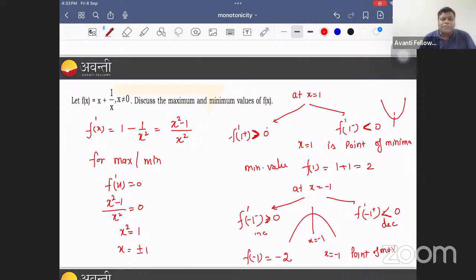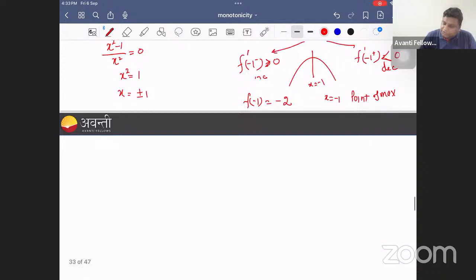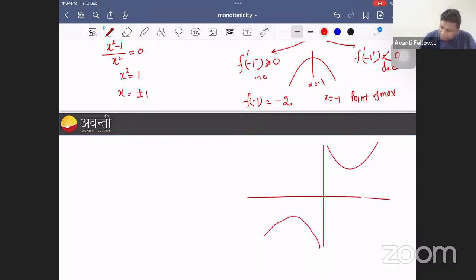Now, are you not surprised that the minimum value is greater than the maximum value? The minimum value is 2, whereas the maximum value is minus 2. Basically, the graph of this function goes like this. This is the graph of this function.